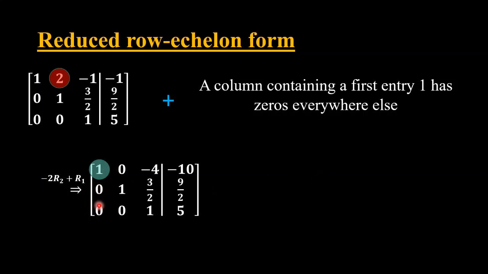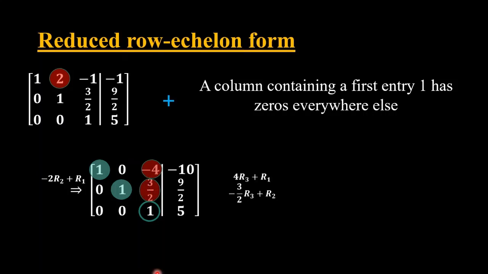In the second column we have 1 and 0 0, but in the third column we have 1, with 3 by 2 and minus 4 above it. So we want to convert this minus 4 and this 3 by 2 to 0 by using elementary operations.